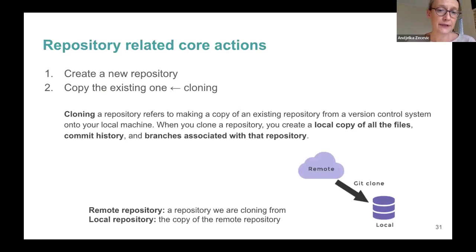Cloning a repository means making a copy of an existing repository from a version control system to our local machine. And when we clone the repository, we copy all the files from the repository, we copy all commit history, and we copy all branches associated with the repository.